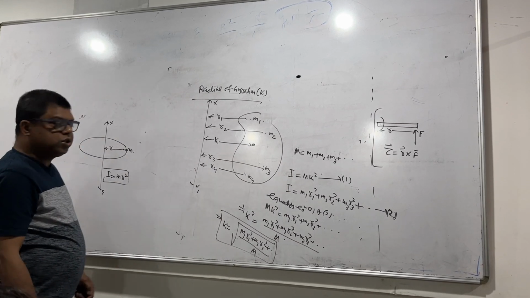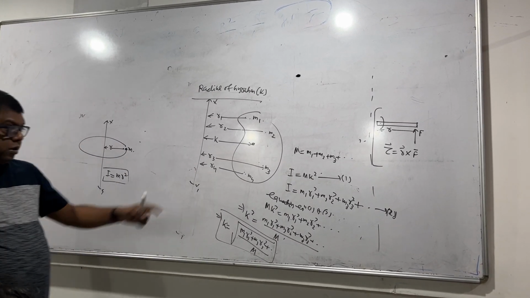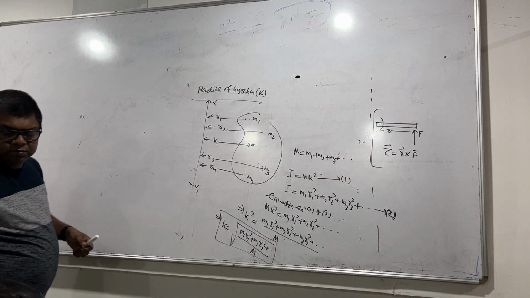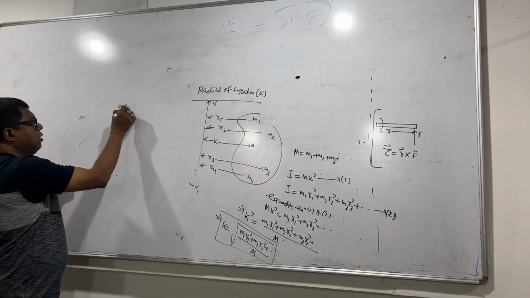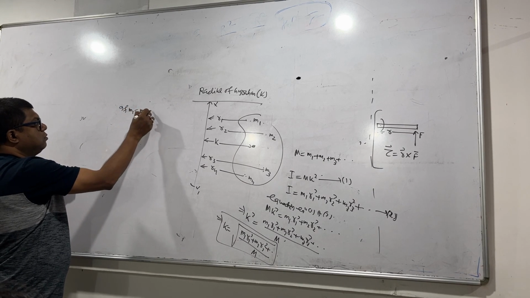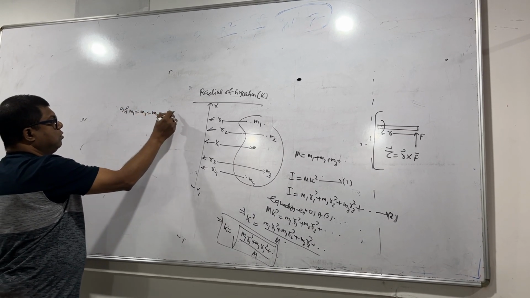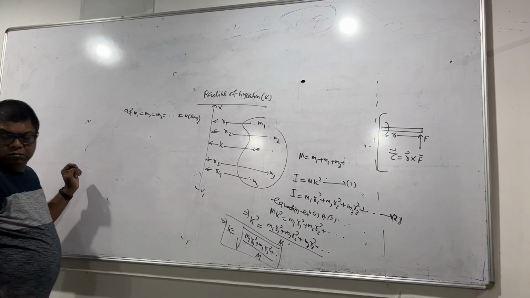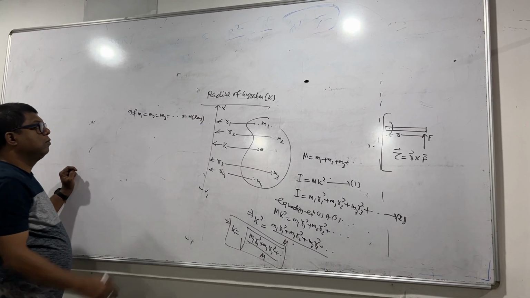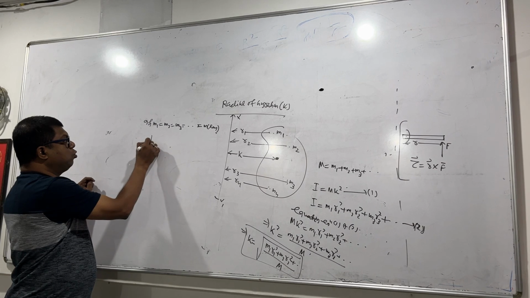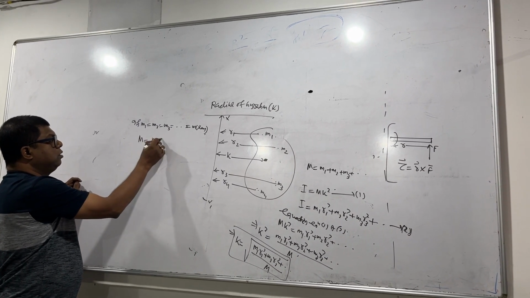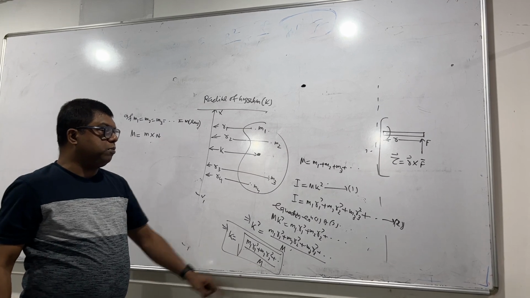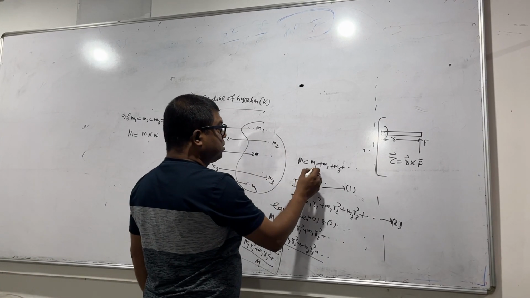If the body consists of n particles having equal masses, that is m1 is equal to m2 is equal to m, say, then the total mass of the body is capital M, where M is the total mass of the body.